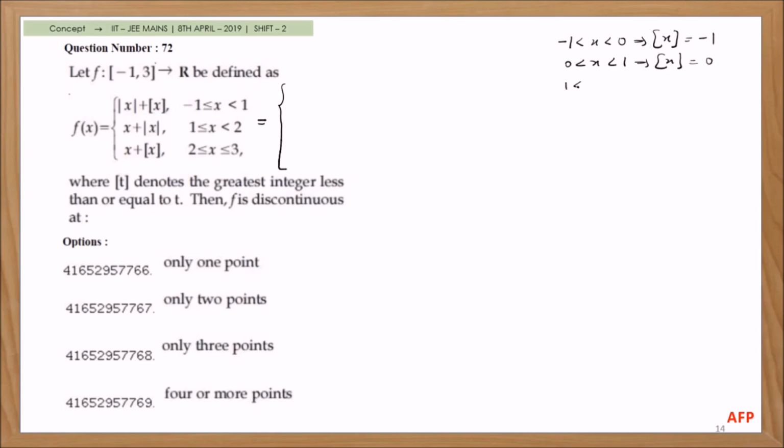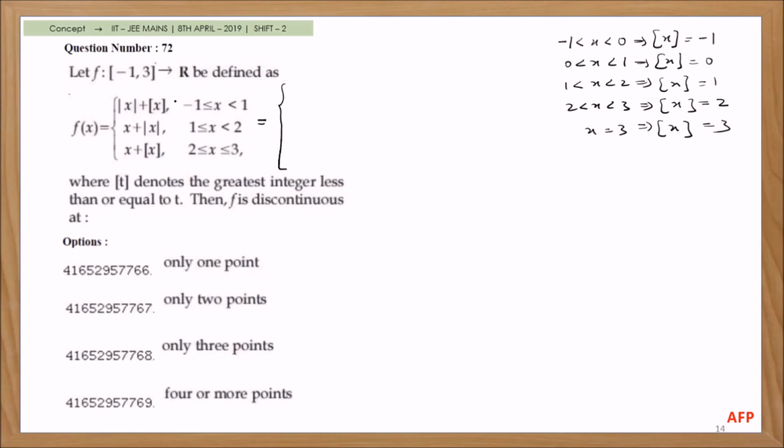For 1 less than x less than 2, the greatest integer will be 1. For 2 less than x less than 3, the greatest integer will be 2, and the last equal sign is there: when x is equal to 3, the greatest integer will be 3. So this concept we will use.